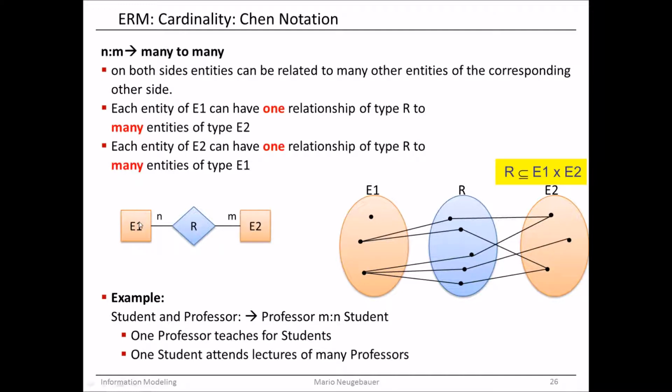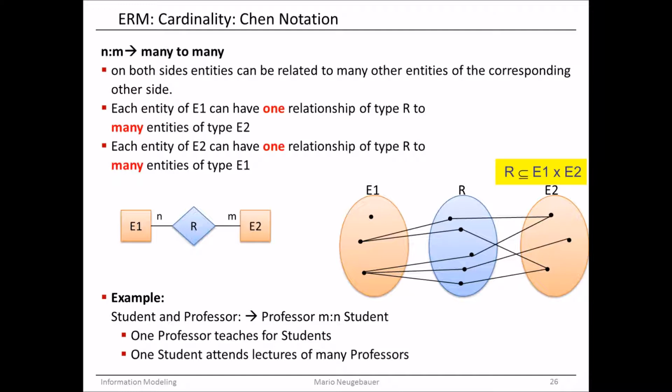So in both directions, many other entities are possible to connect. Even though it's symmetric, look at the cardinalities carefully so that you don't mix it up with 1 to n, or n to 1.